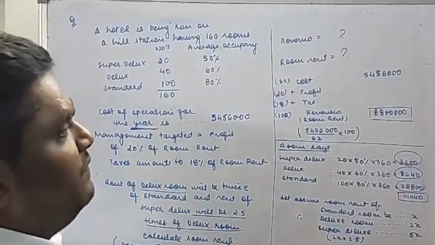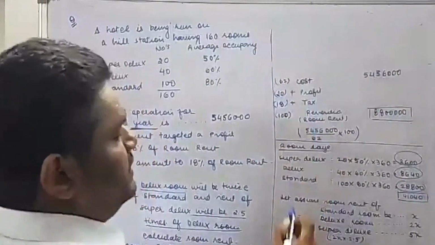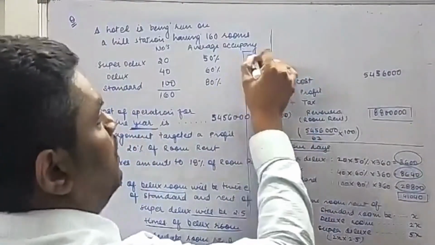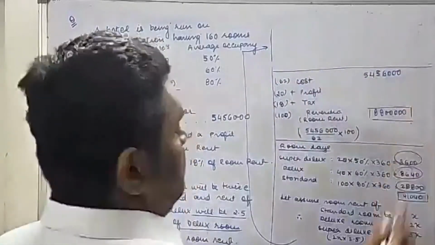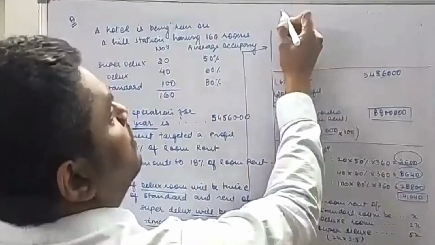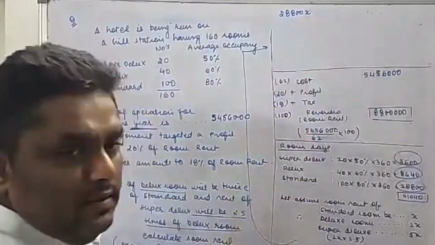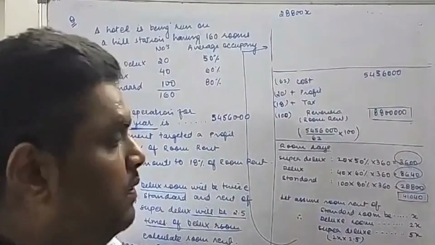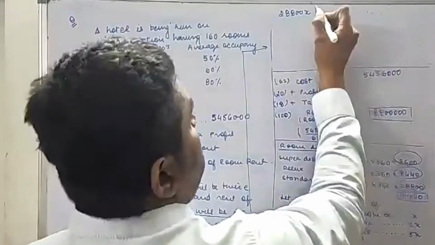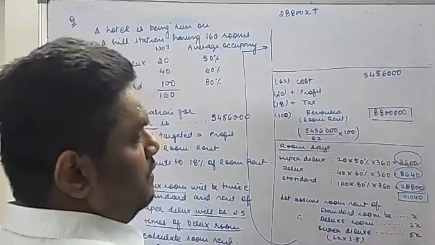So now let's start with the final part. Since the space is the constant, I'm using this part now. Standard room, it is x. So 28,800 into x plus deluxe room, it is 2x.